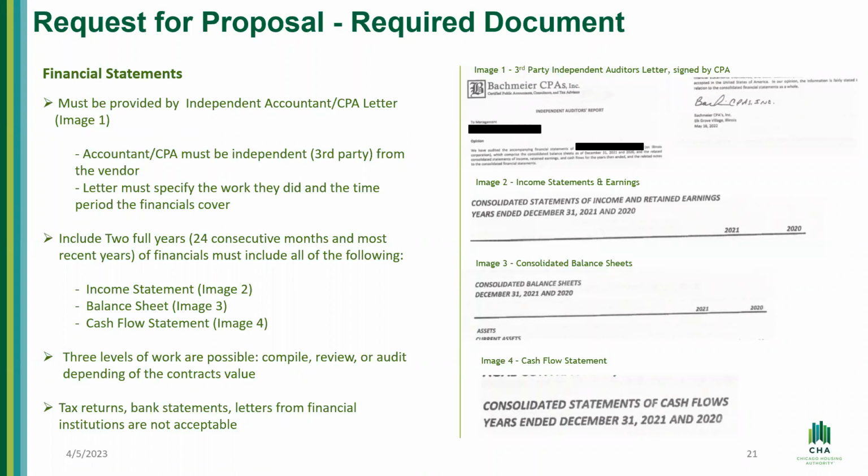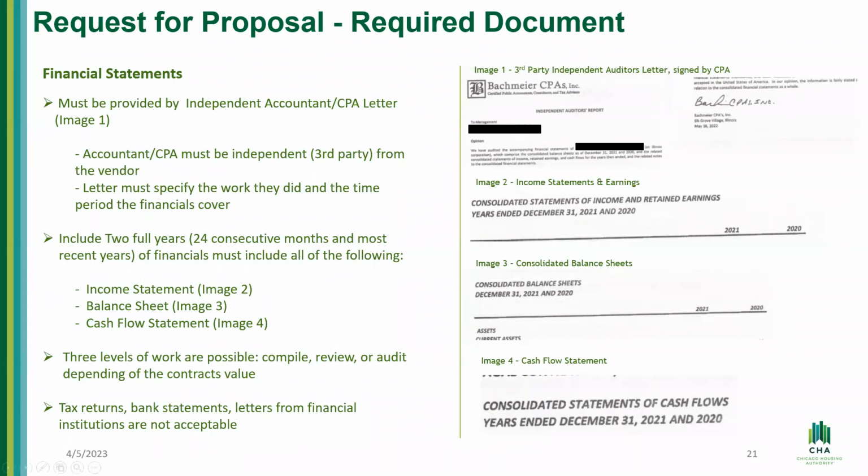Those financials must include all of the following: the income statement, and you can see examples in this part, the balance sheets, and the cash flow statements. There are also 3 levels of work possible, which are compile, review, or audit, depending on the contract's value.